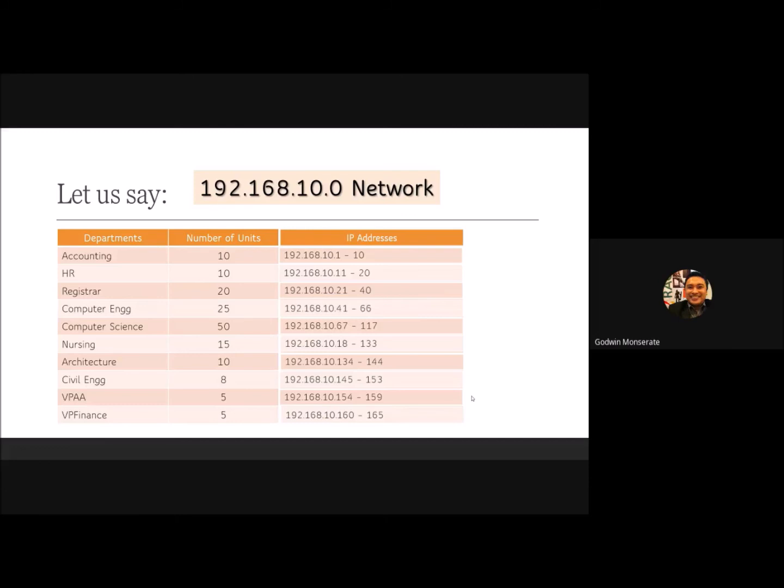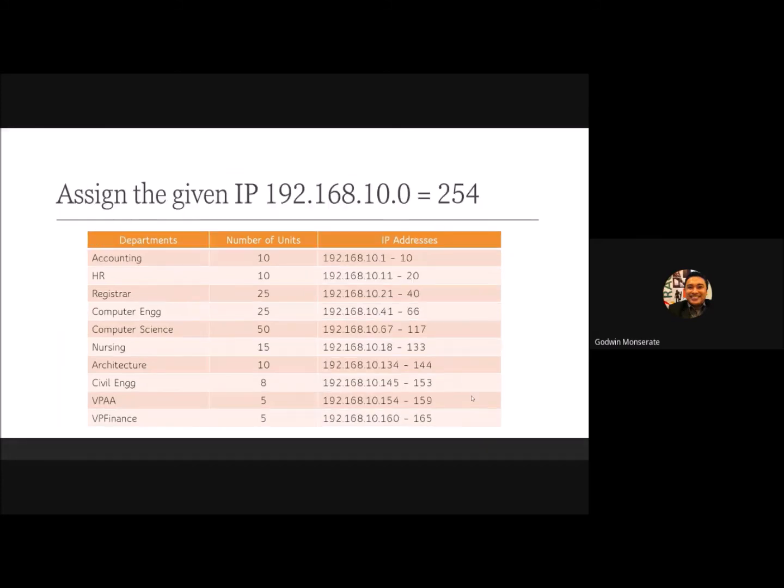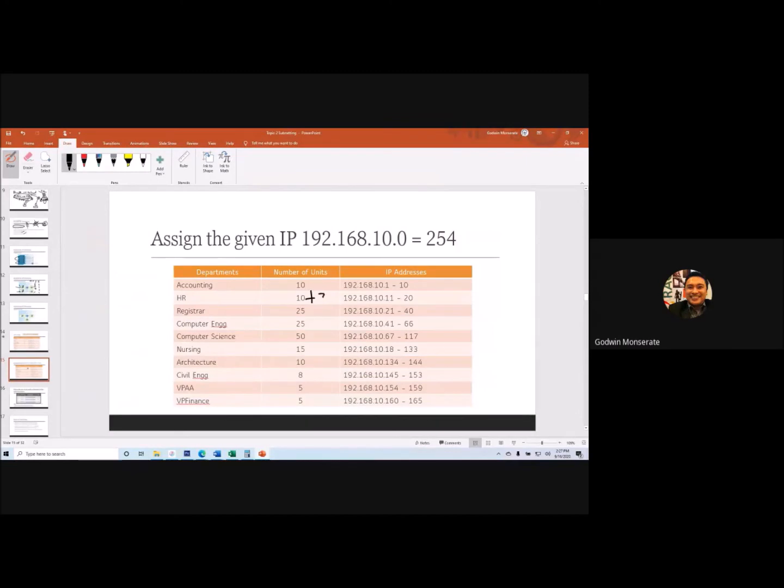Correct? Any questions so far? None, sir. But is this efficient IP addressing? Not really, sir. Here is the reason. If HR fills up three more computers, what IP address will you assign? You continue from 166, 167, to 168. You get the point? Yes, sir, that is the addressing.